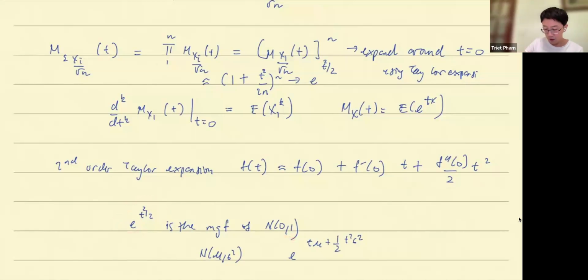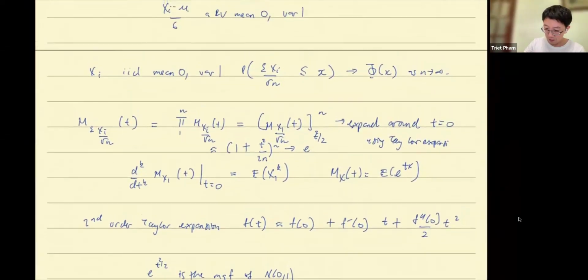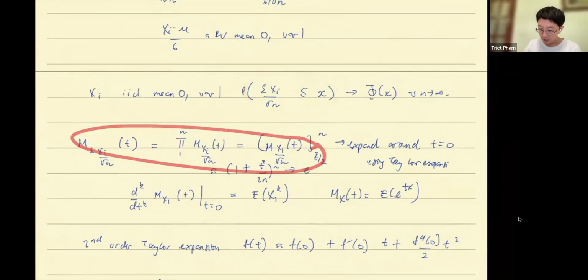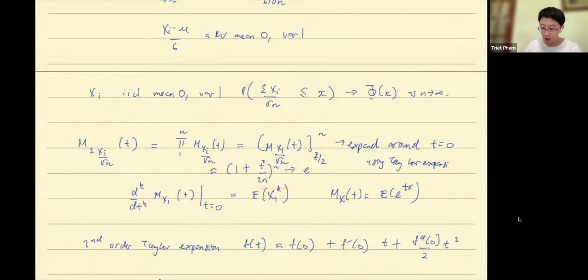Either way, this is maybe a lot of math going on here for you. There's some standardization, then the MGF technique, and then the Taylor expansion. But if you can chase all of this, you can see that the result is quite natural.